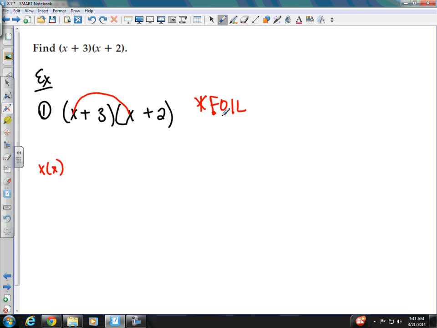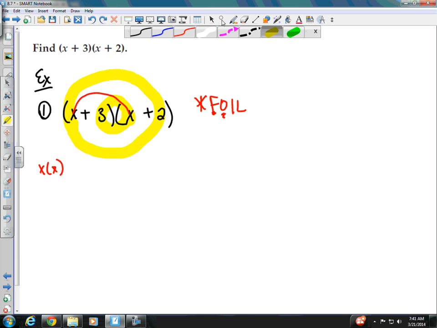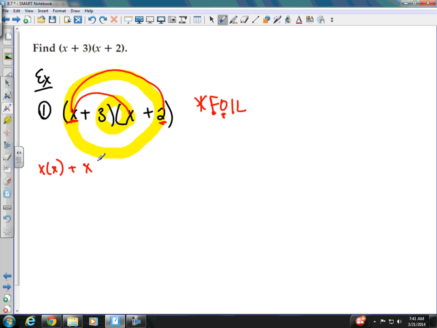Then O is the outside. For this one, I always like to draw a picture. Think of the binomials being a donut. If our binomials are a donut, what are the outside terms? Our x and our 2, because they're on the outside of our two binomials. So it's a positive x. I'm going to put plus x times 2.